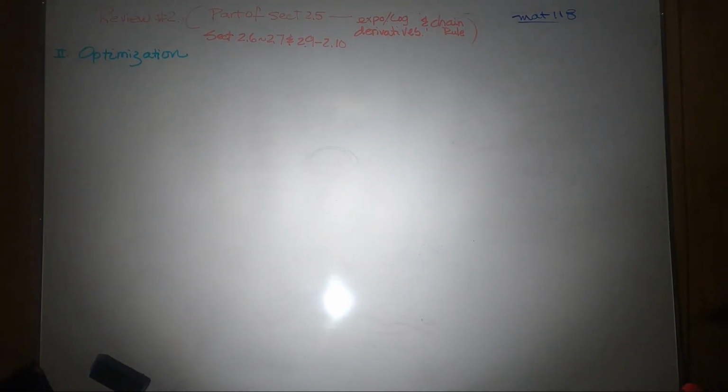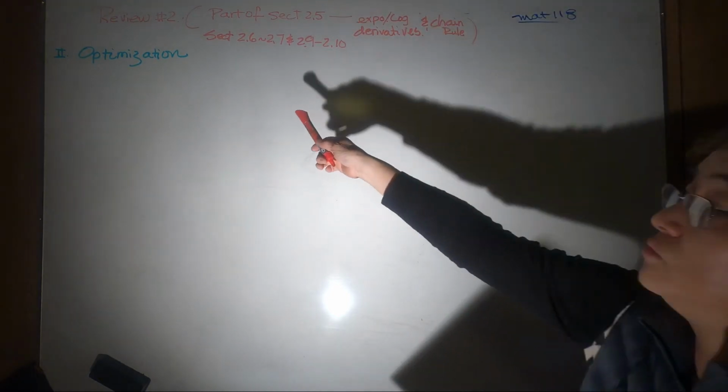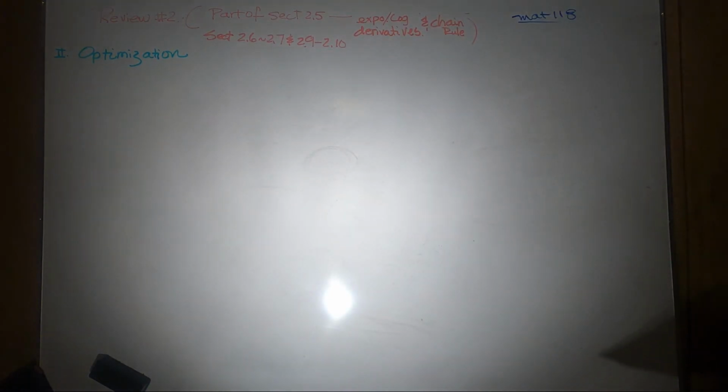So for your exam, the first part of the questions will be log and exponential functions, right? Numbers 1 to 3 will be one of those questions. And the second part will be optimization. We have been practicing, right?